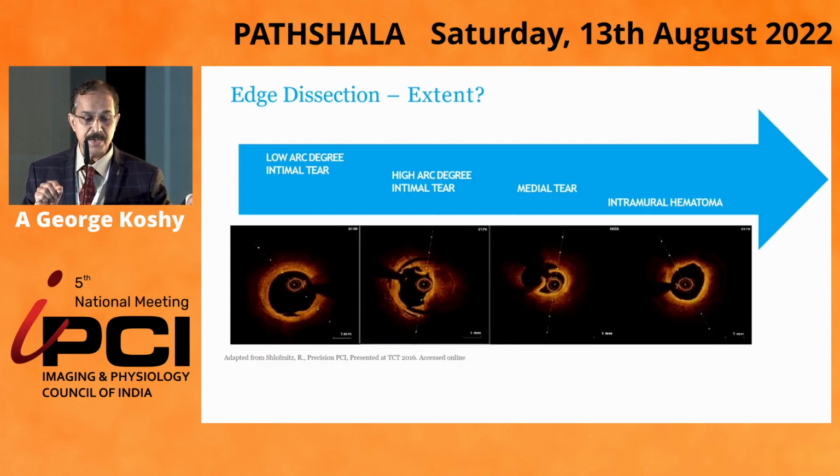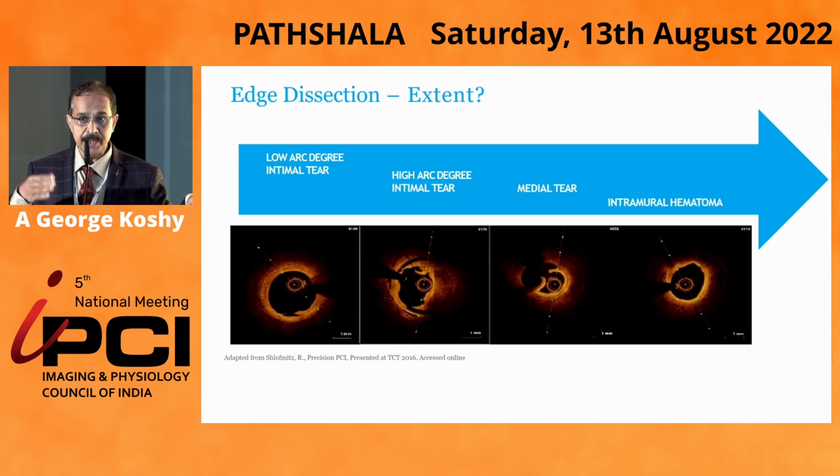And when you find a dissection like that, have a look at the extent of dissection. How much is the arc? Is it more than 90 degrees, extending beyond one quadrant, or less than one quadrant? If it is just an intimal tear, less than 60 or 90 degrees, confined to one quadrant, probably it can be ignored, especially if it's a proximal dissection.